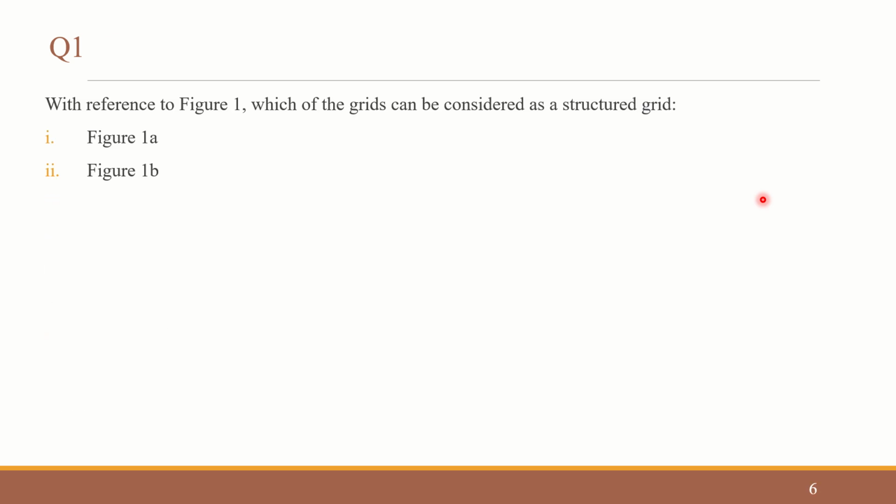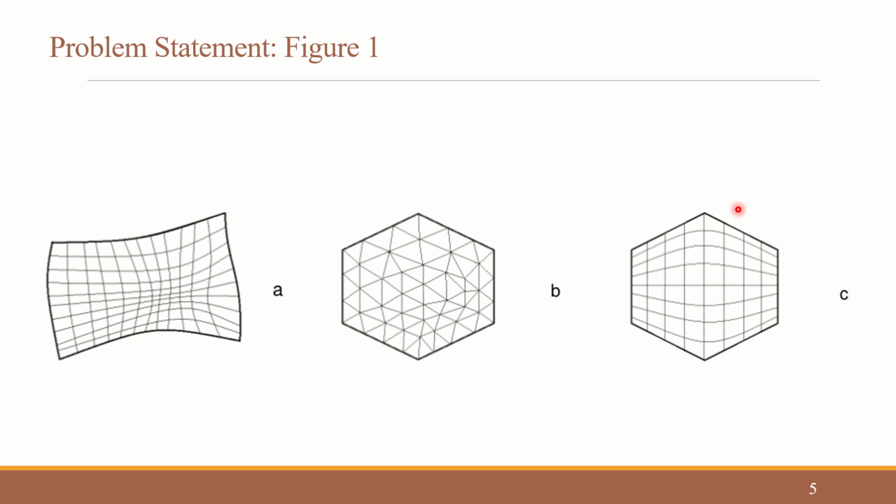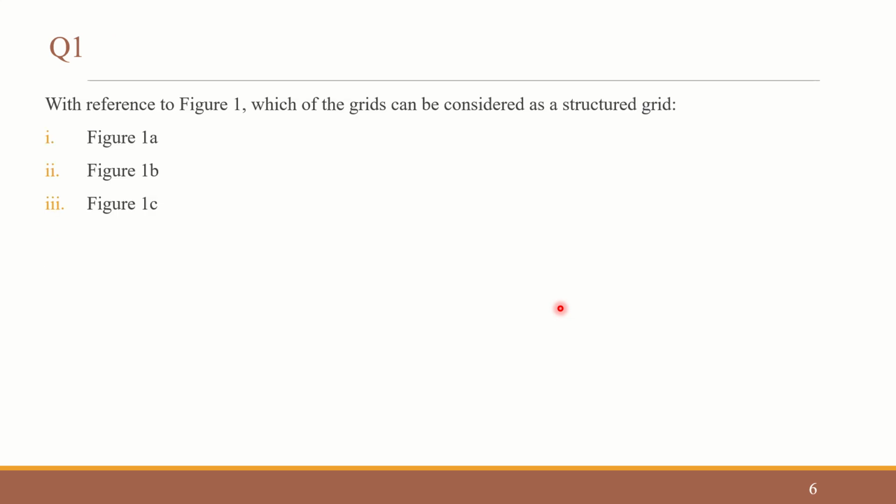Similarly, in our question with reference to this particular figure, we are able to give a certain ordering in the x direction and y direction. If we keep it this way, we can see that order in figures 1a and 1c, whereas in 1b we are not able to identify that order. So 1b is an unstructured grid and a and c are structured grids. So that is the answer.